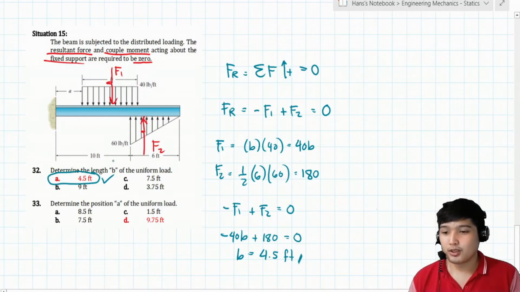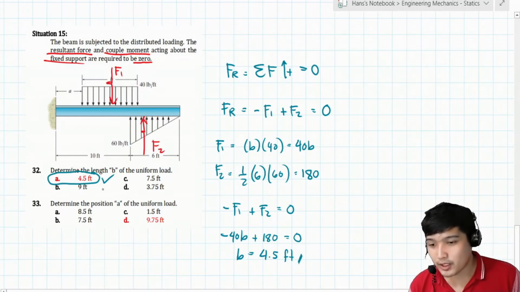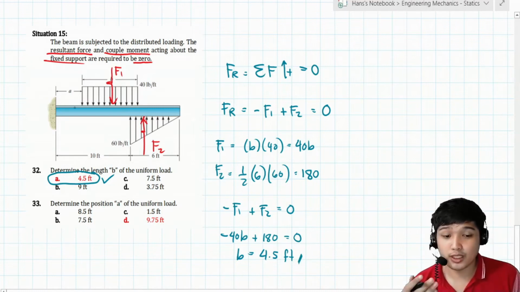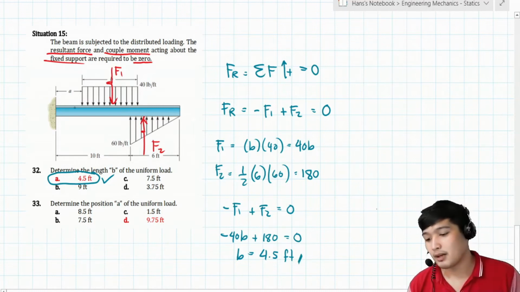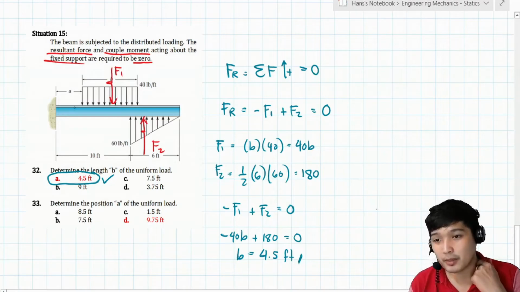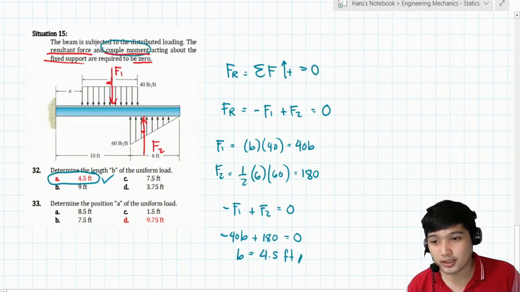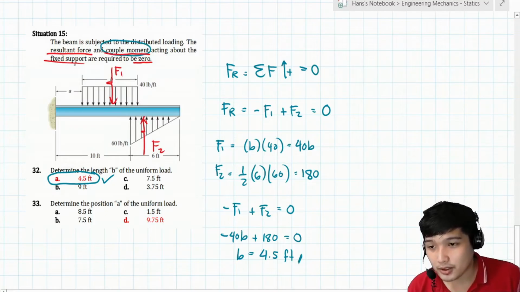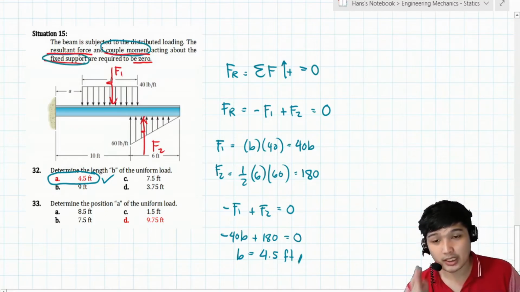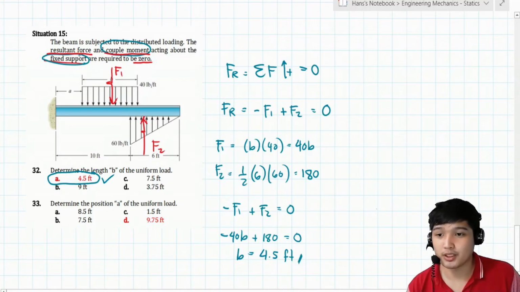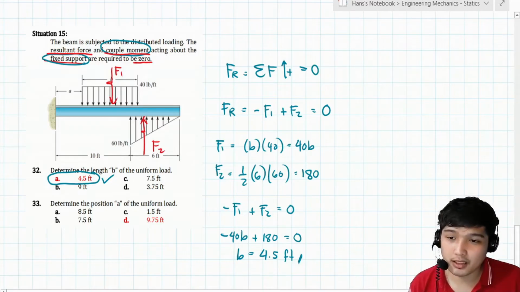Okay, so next, para makuha natin tong position A, no, yung distance A, kakailangan natin yung second na binigay niyang given. Sabi, yung magiging moment daw ng mga forces natin at the fixed support, so ibig sabihin, yun yung magiging reference point natin, yung fixed support, dapat still 0.